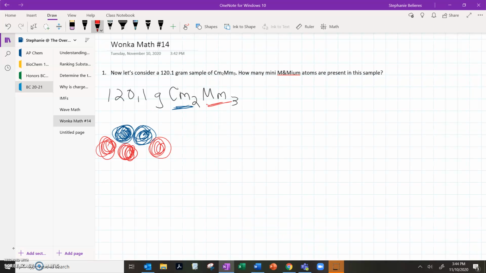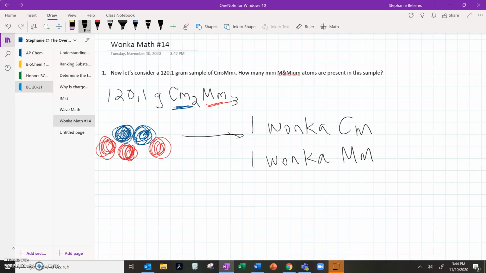Now, if I know that I have calculated the mass of 1 Wonka of CM, and I also know the mass of 1 Wonka of mini M&M, and I'm going to use Kieran's math, so she knew that 1 Wonka of this was 12.6 grams, and a mini M&M Wonka was 4.5 grams.